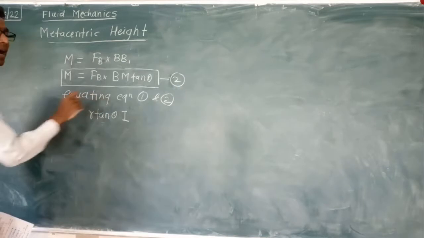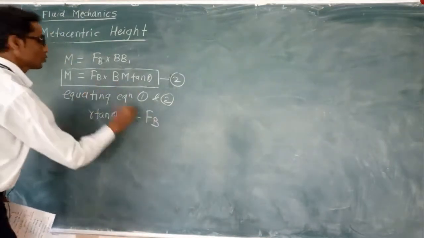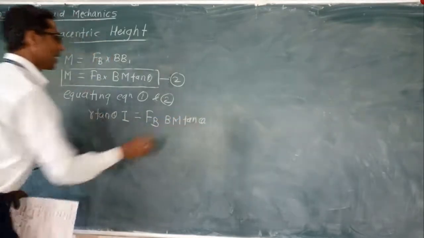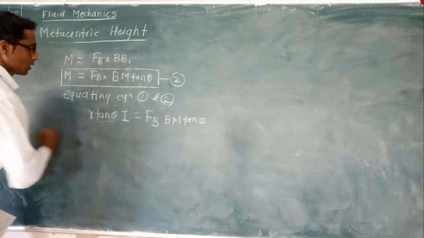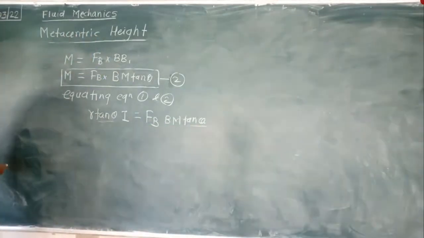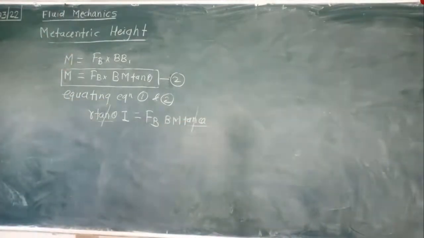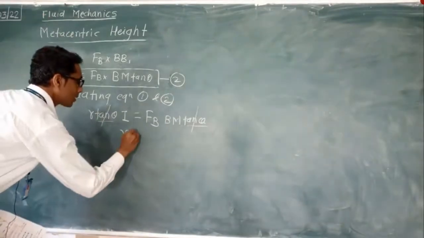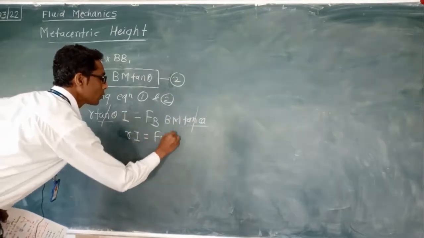Gamma tan theta I is equal to FB into BM tan theta. The common term tan theta cancels. What remains is gamma I equal to FB into BM.